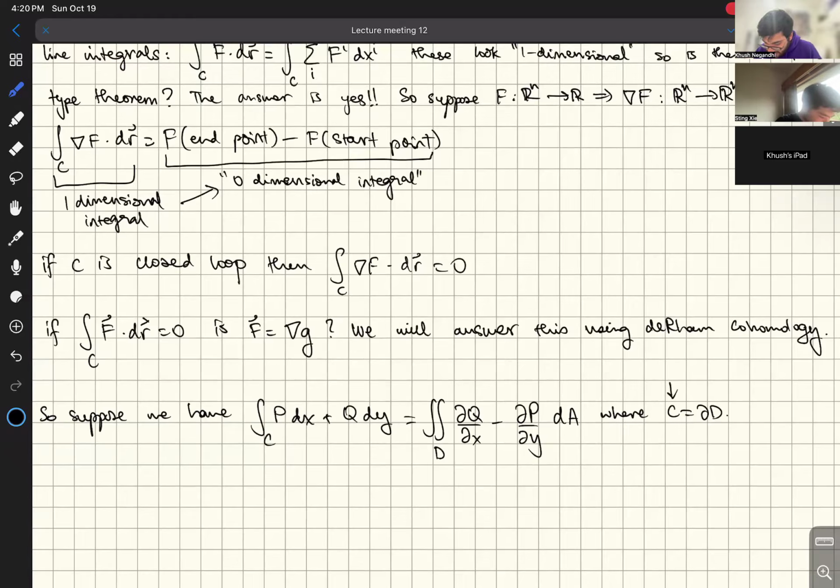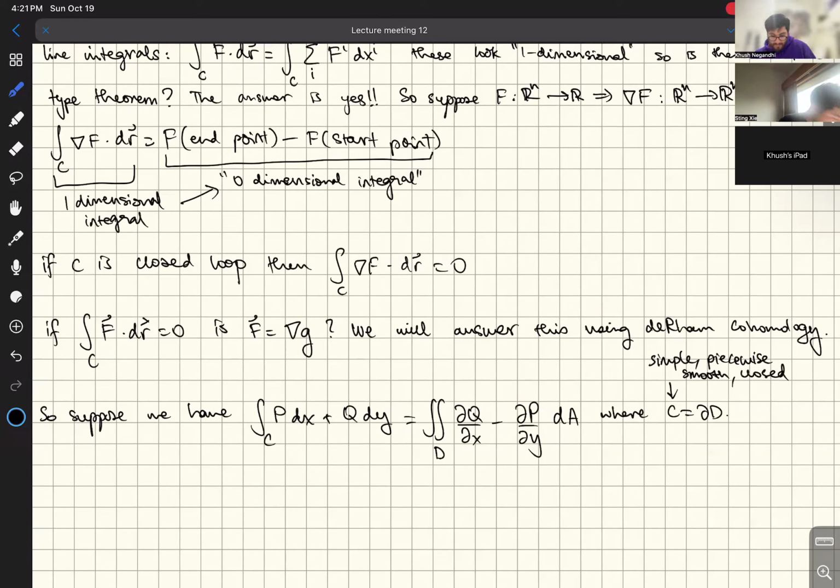Here C is assumed to be simple, piecewise smooth, and closed. Don't forget closed.